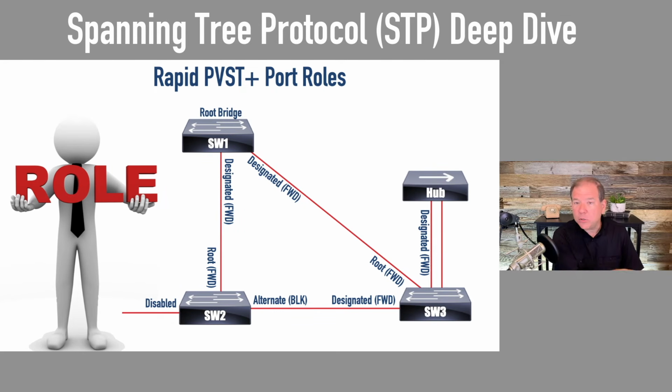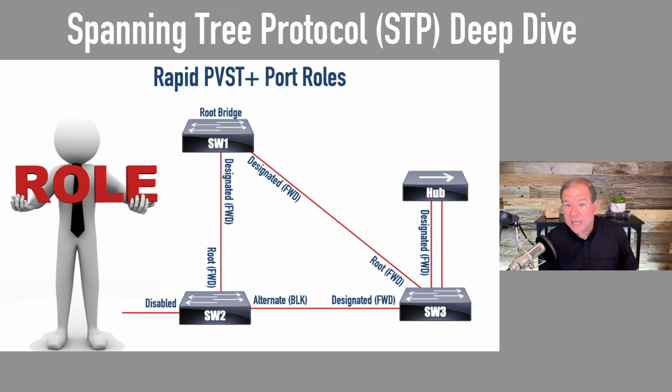It's an alternate port. Now, for some reason, they paid a lot of attention to how we would handle Ethernet hubs. I hope you're not using Ethernet hubs in your topology today. But if you are, and you're going up from switch 3 and then back down to switch 3, you might say, those are two segments. Shouldn't we have a designated port on?